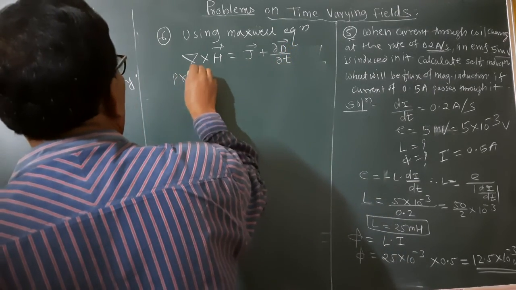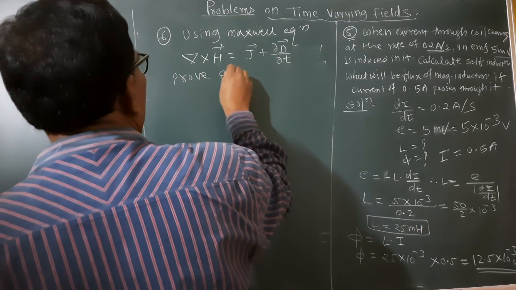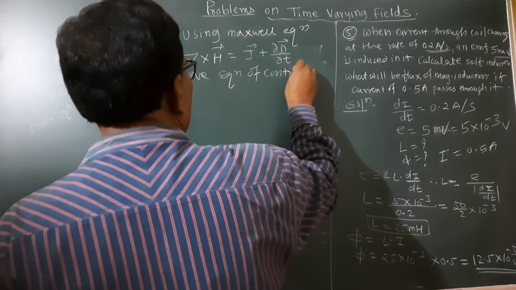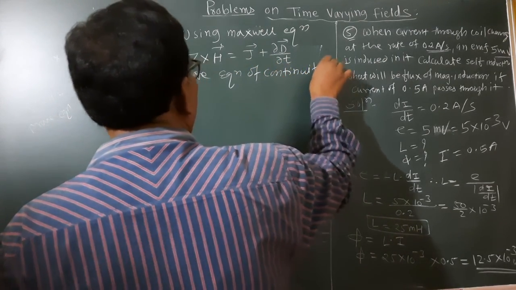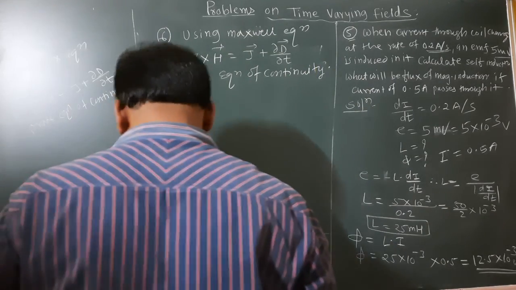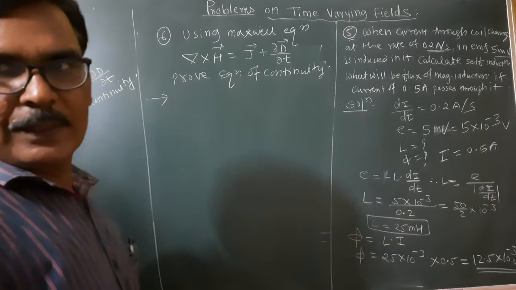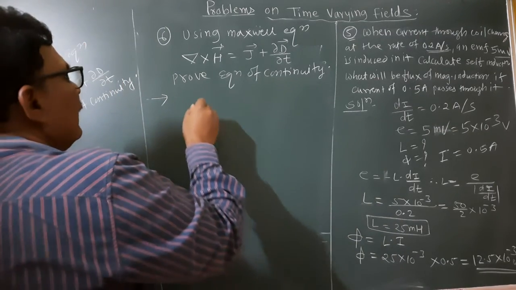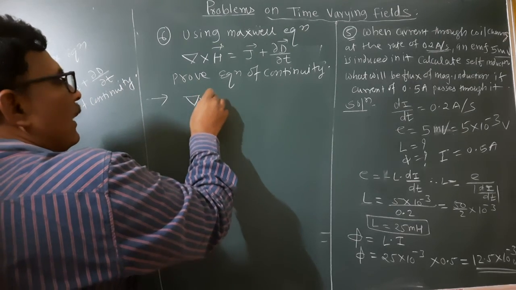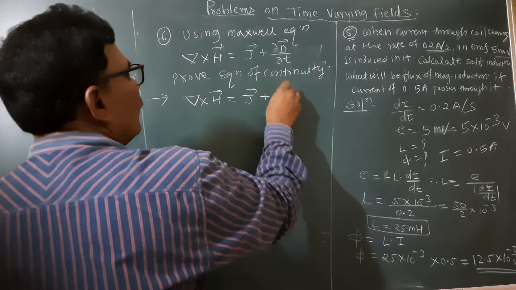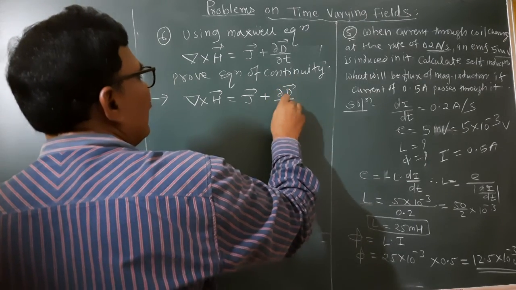Prove the equation of continuity. Now, we have been given here Maxwell's fourth equation, that is curl of H bar is equal to J bar plus dou D bar by dou t.